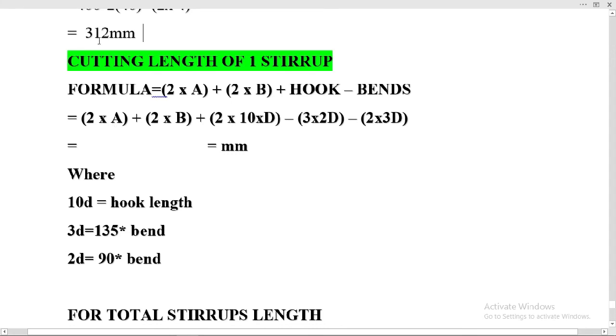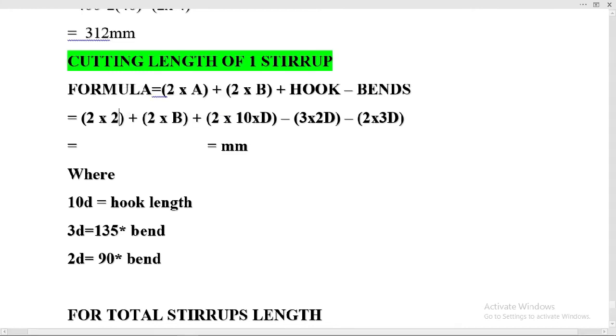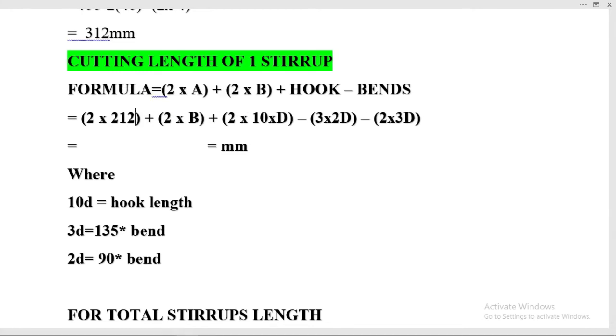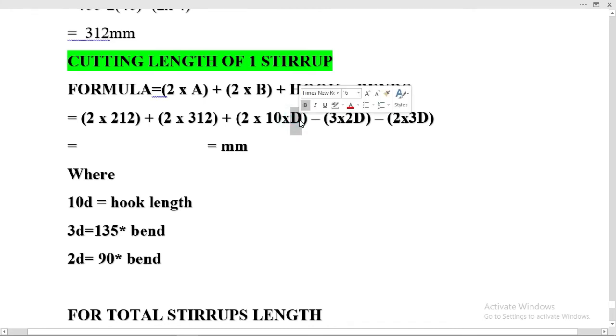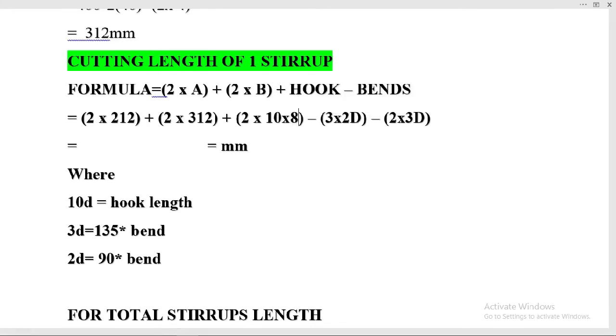For A, the horizontal length of the stirrup is 212 millimeter. B is 312 millimeter, and the hook length we have is 10d. So there are 2 hooks, that's why we multiply with 2 hook lengths. d is the dia, we have 8 millimeter dia of the stirrup.